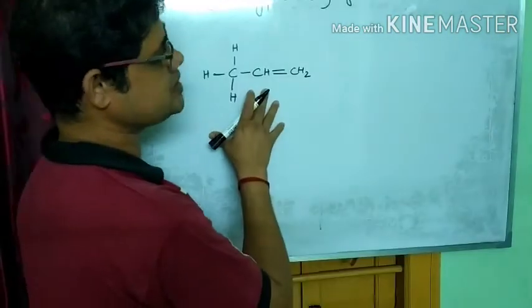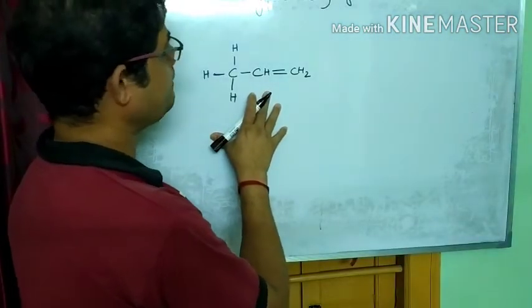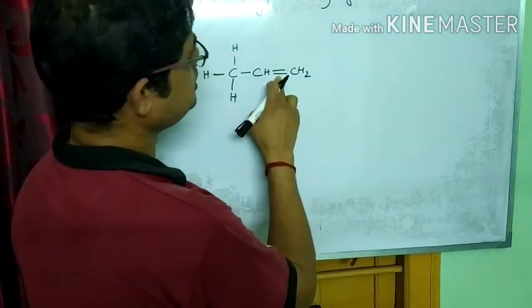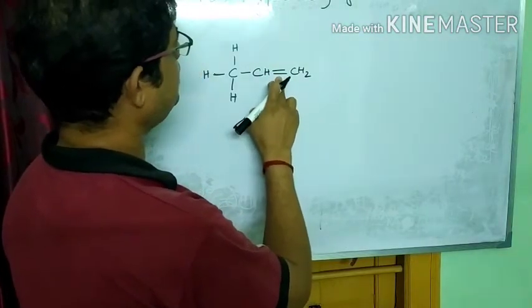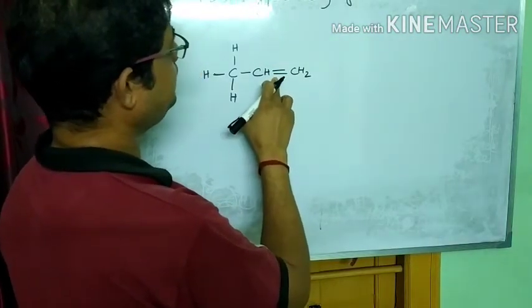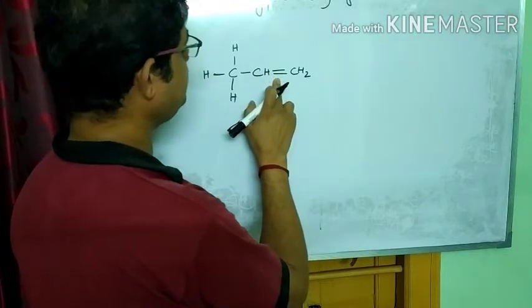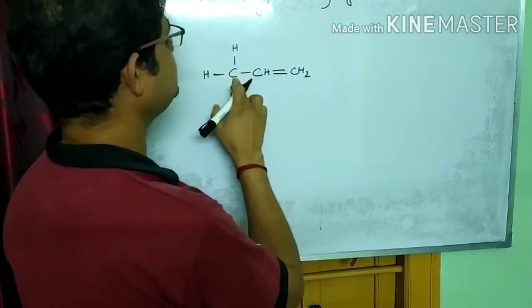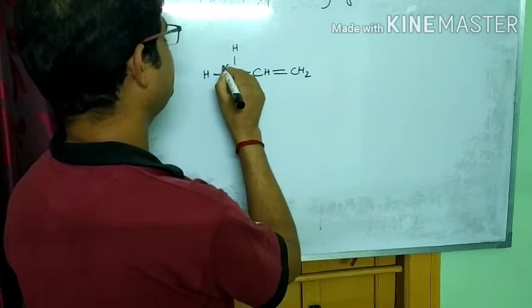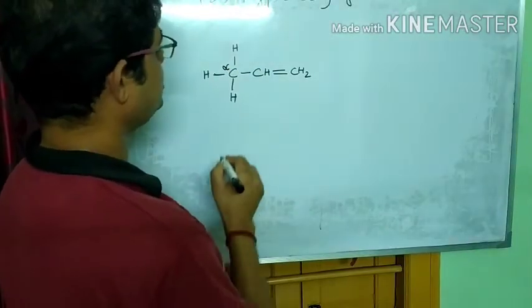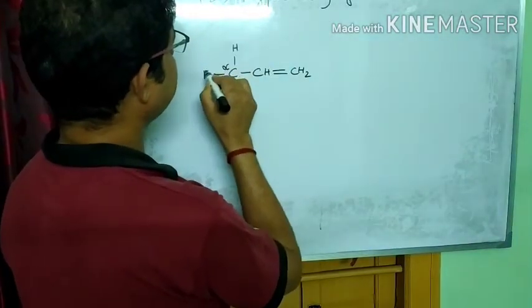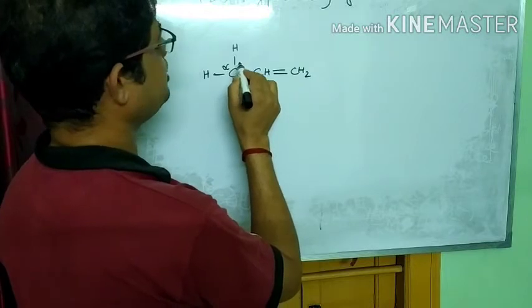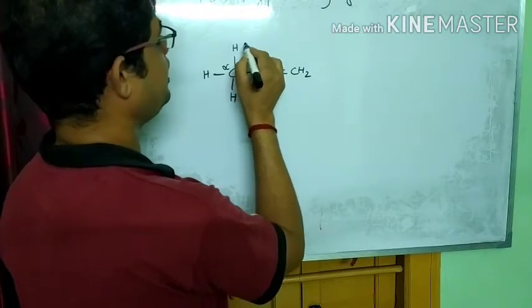Let's observe this propene. Here it is a double bond, and in respect to this double bond, this carbon is alpha carbon, and all these three hydrogens are alpha hydrogens.